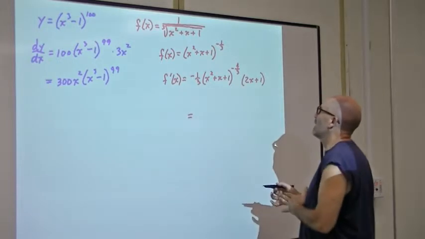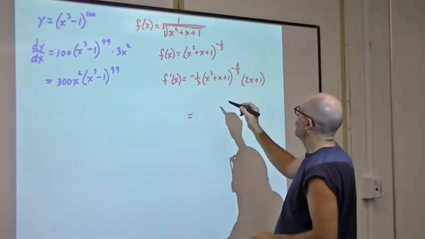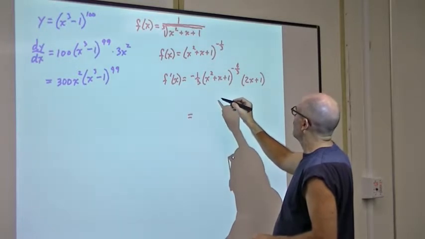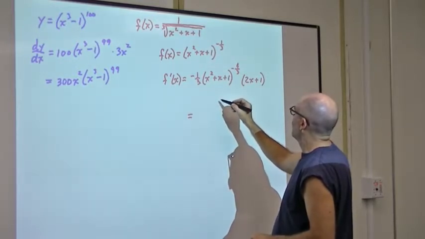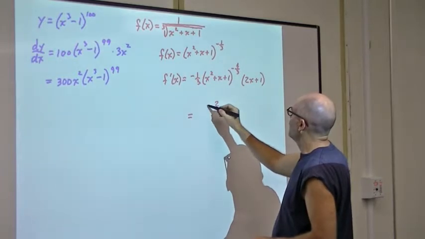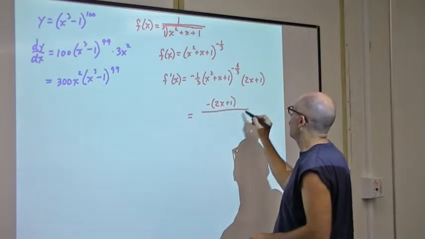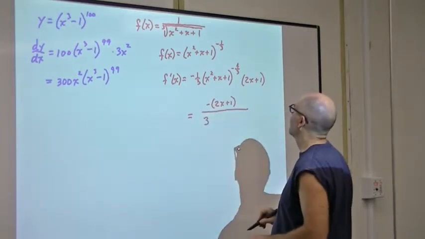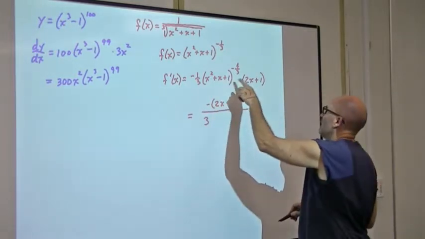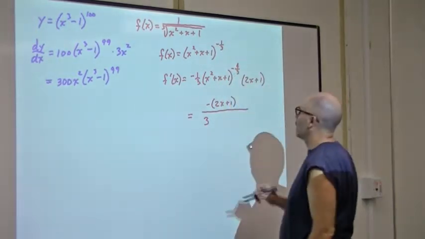So we could clean that up a little bit. We've got 2x plus 1. Well, let's make it negative (2x plus 1) over 3. Now, this is the cube root of all this junk to the 4th power.